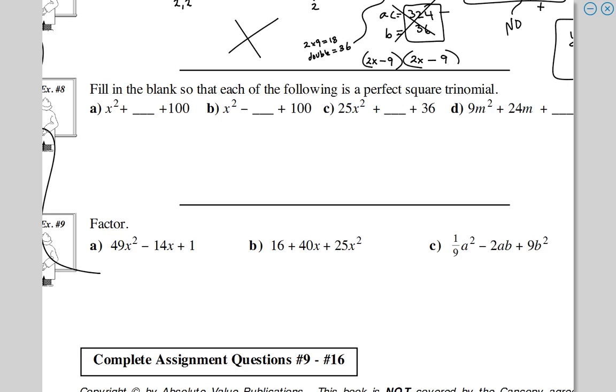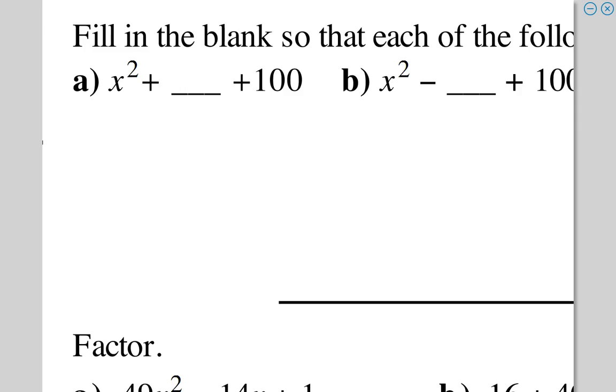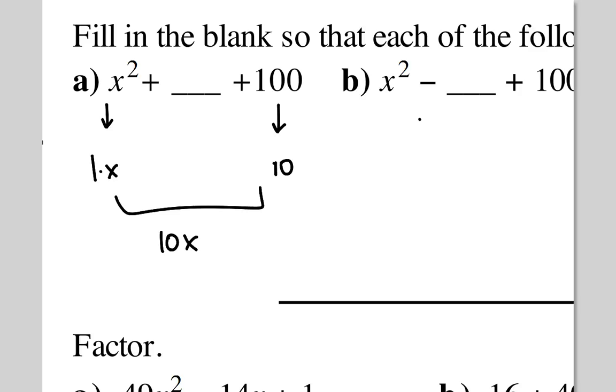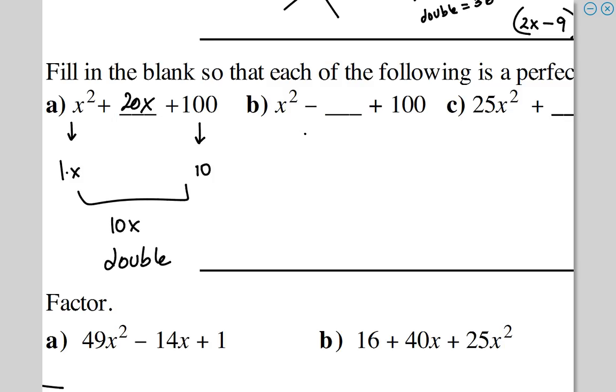Okay, fill in the blank so it will work out to be a perfect square. Square root of 100, you get 10. Square root of 1, you get 1x. So times these two together, what do you get? 10x, and then double. So this would be 20x here. Oh, so is this the exact same one, except with the minus?